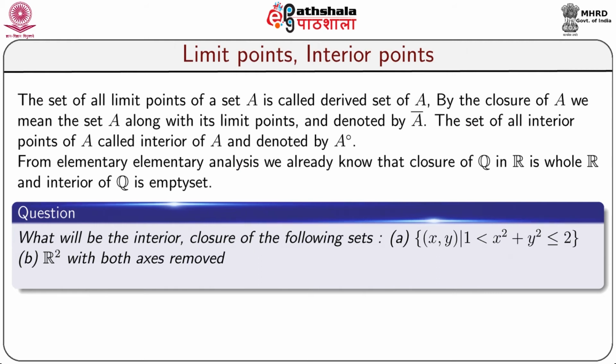So, what will be the closure? In the closure, the inside boundary will be included, and to determine the interior, we just have to exclude the outside boundary. Now, another question: what will be the closure and interior when both axes have been removed from R2? Its closure will be whole R2 and the interior will be the same.